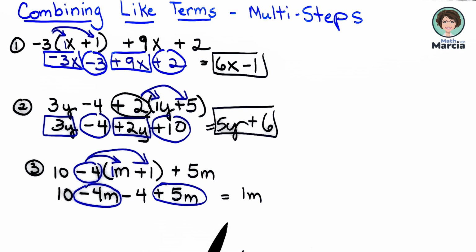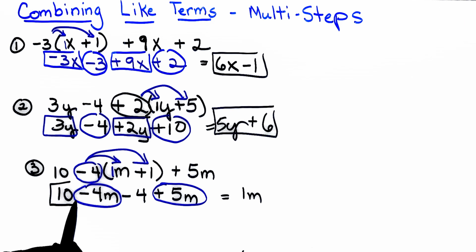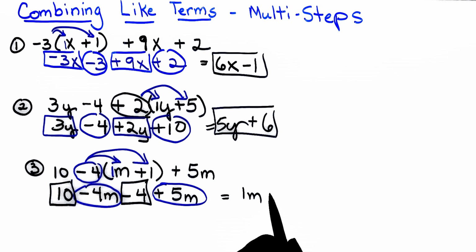I could just write m. And so now when I'm dealing with my numbers, I have a 10 and I have a negative 4. So 10 plus a negative 4, 10 minus 4 is equal to 6. So it's 1m plus 6. Or you could just write m plus 6.